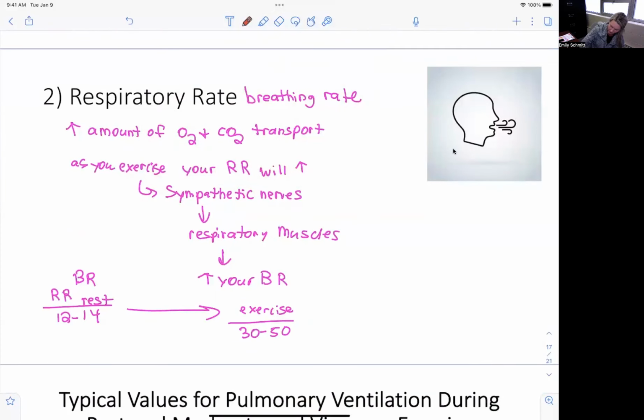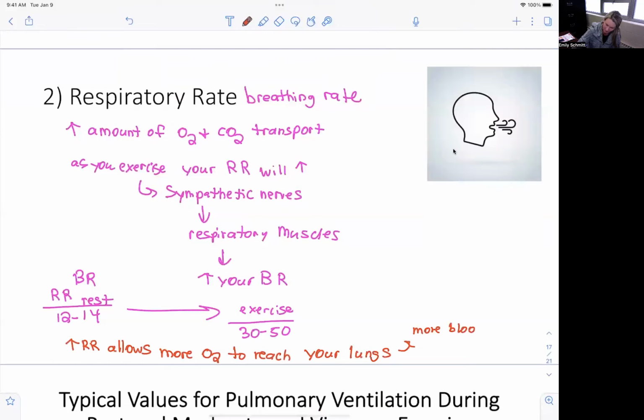It's important to remember that increasing your respiratory rate allows more oxygen to reach your lungs, which means more blood delivered to your working muscles to help generate ATP to fuel aerobic metabolism.